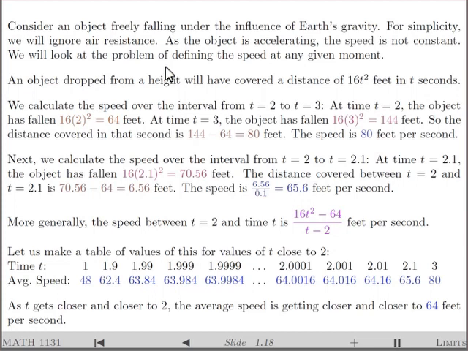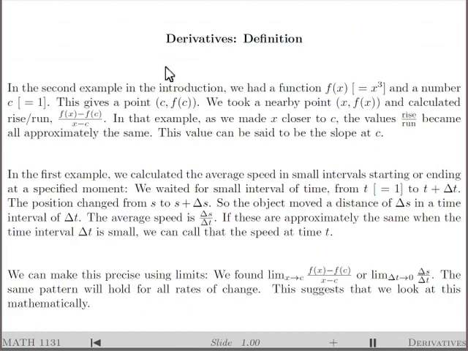So again, we have a ratio of changes, and we looked at what happens as we made that interval smaller and smaller. So more formally, we can say that if we take the interval of time from t to t plus some small change in t, we look at the change in the distance and we take the ratio, and then we found the limit.